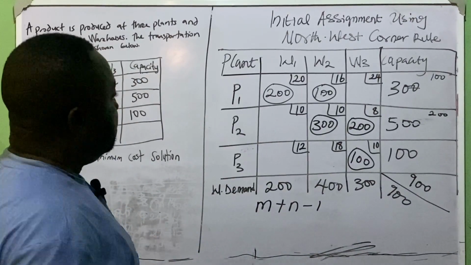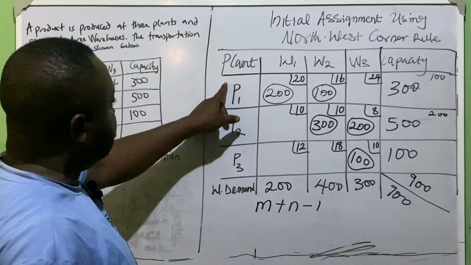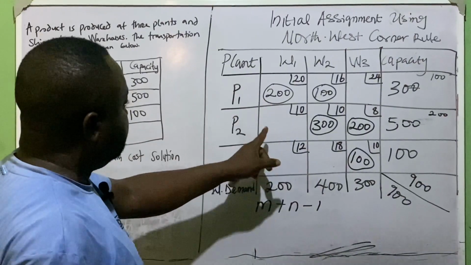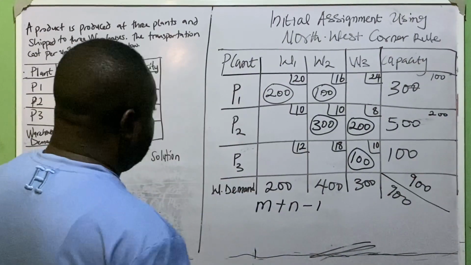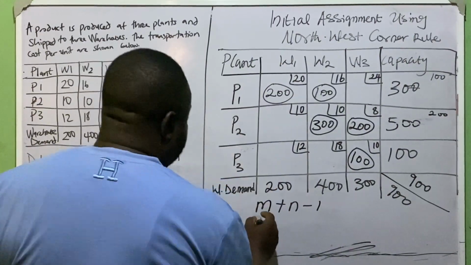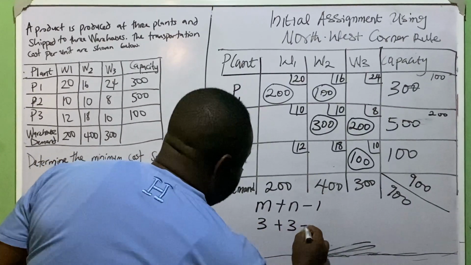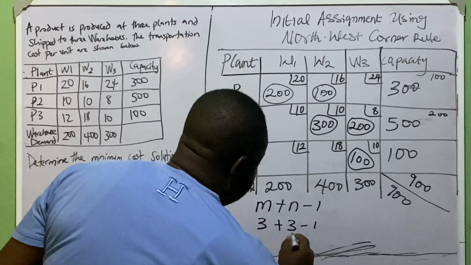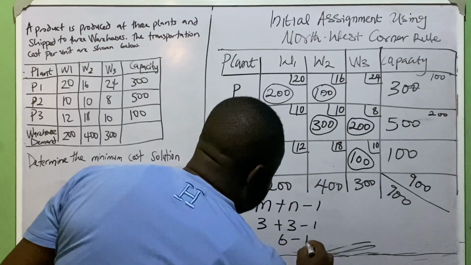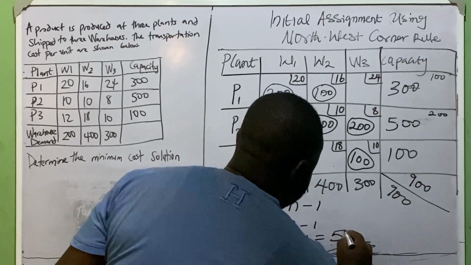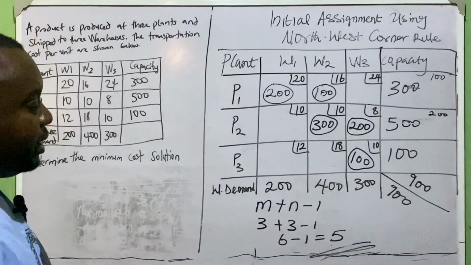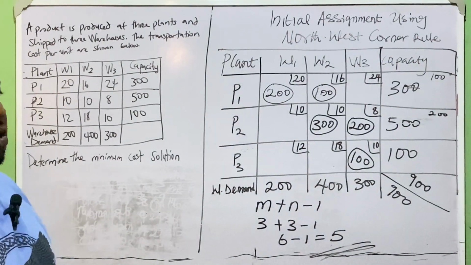M is the number of rows and N is the number of columns. So we have 1, 2, 3: we have 3 rows plus 3 columns minus 1, which is 3 plus 3, which is 6, minus 1 equals 5, which means that we should have 5 cells occupied.